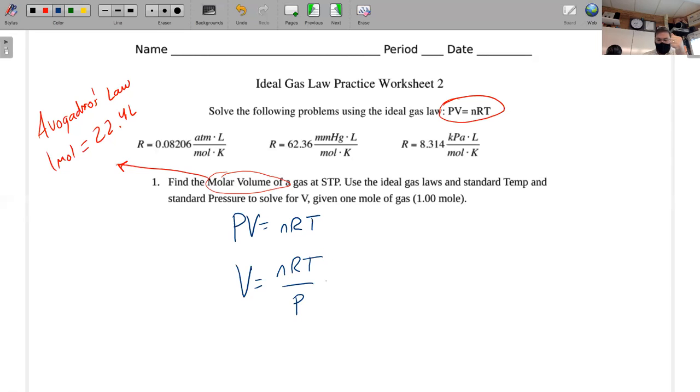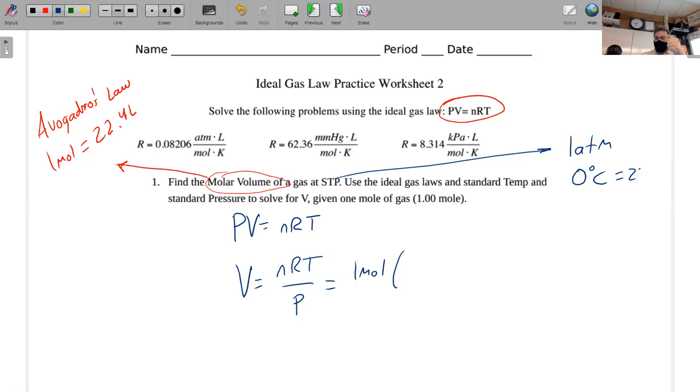So if I substitute 1 mole for n, it doesn't matter what value of R I pick, except that the pressure unit has to be the same as the pressure unit in the value for the ideal gas constant.